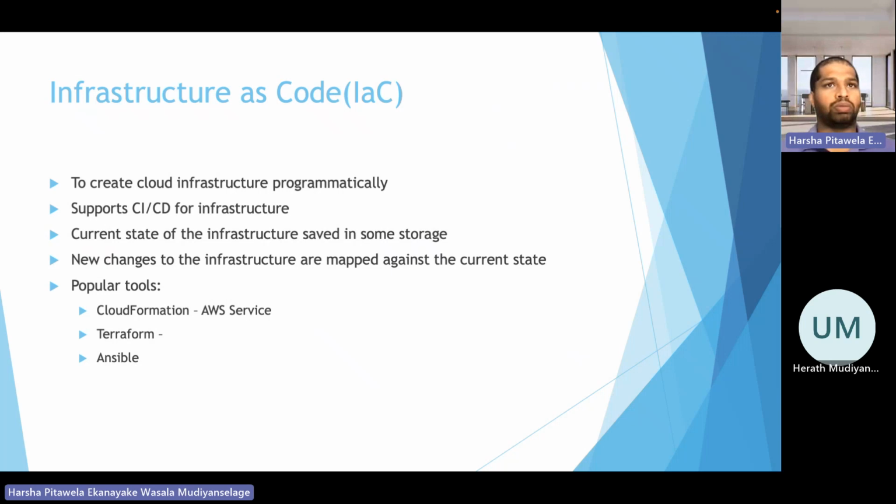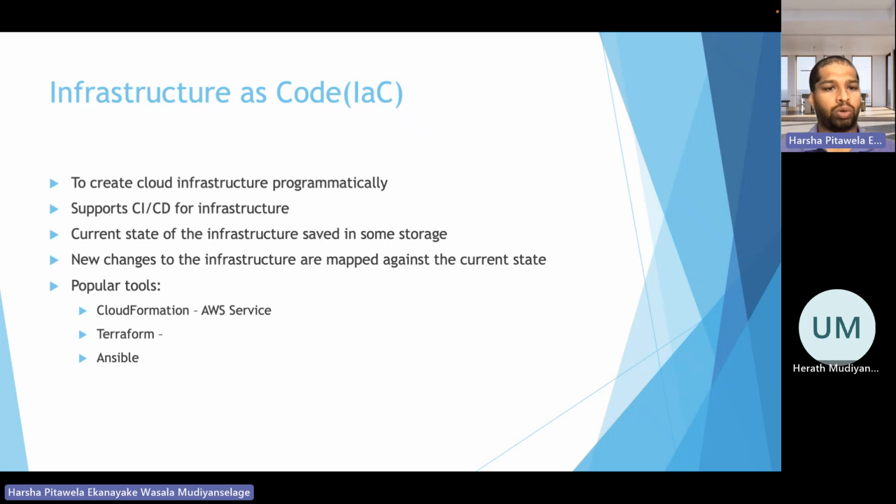The same way that you write a Java or Python program, you can use some of these tools to create infrastructure using programming languages. So it supports continuous integration and continuous deployment for infrastructure. You can deploy new instances, add new subnets, or create new databases using programming languages.